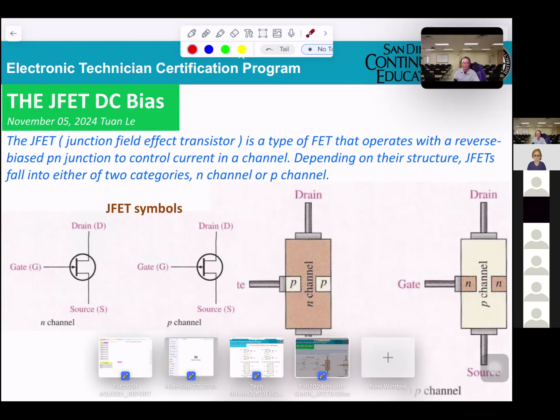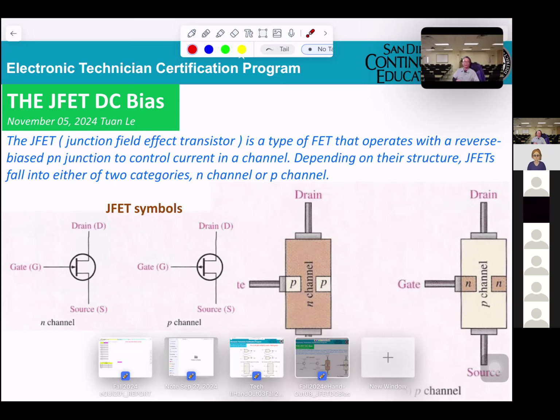Exactly the same as the bipolar transistor. You have to get the DC bias first. And the next one, you get the bipolar amplifier: a CE amplifier, CC amplifier, and CB amplifier.